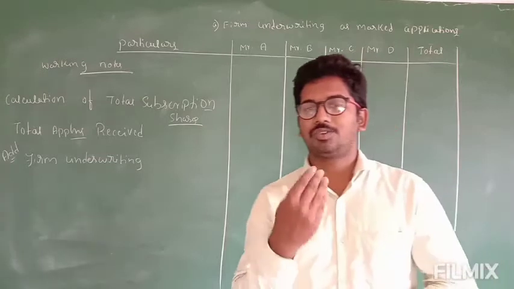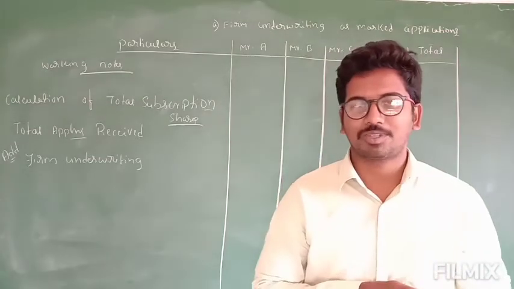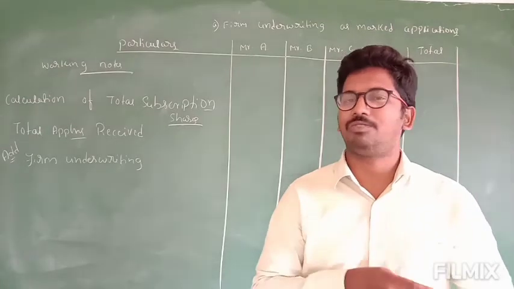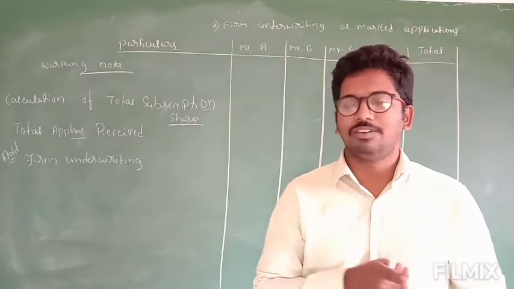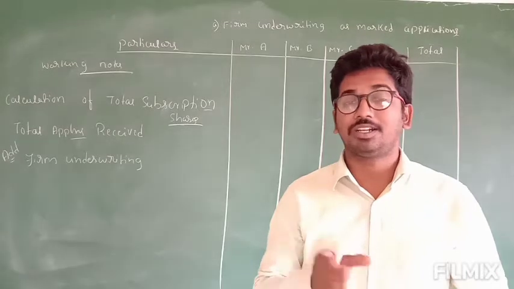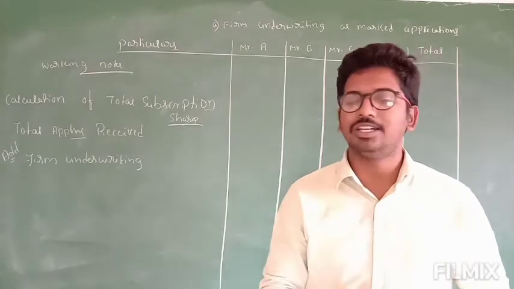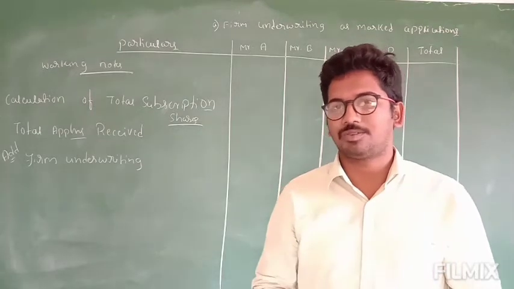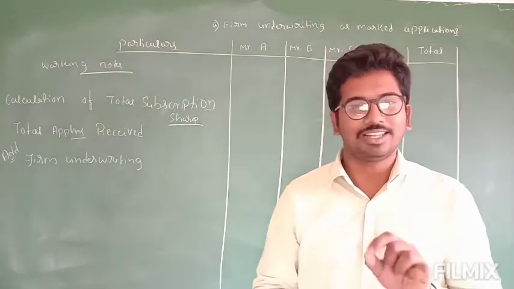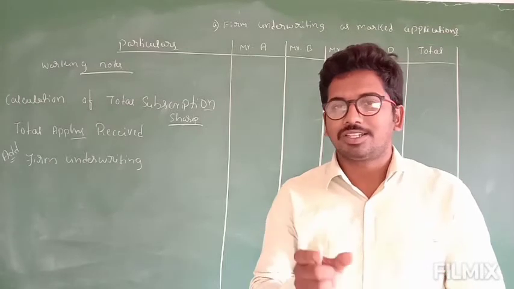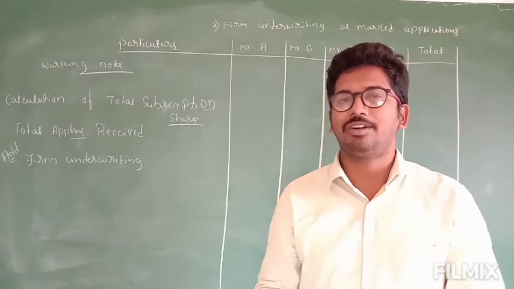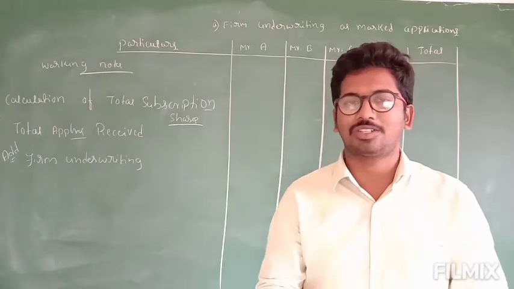Before that, you should know about total subscription, unmarked applications, marked applications and firm underwriting. When the question gives total subscription including firm underwriting, there is no point in adding firm underwriting to total subscription again. If the question says total subscription excluding firm underwriting, we should first add firm underwriting to calculate total subscription.